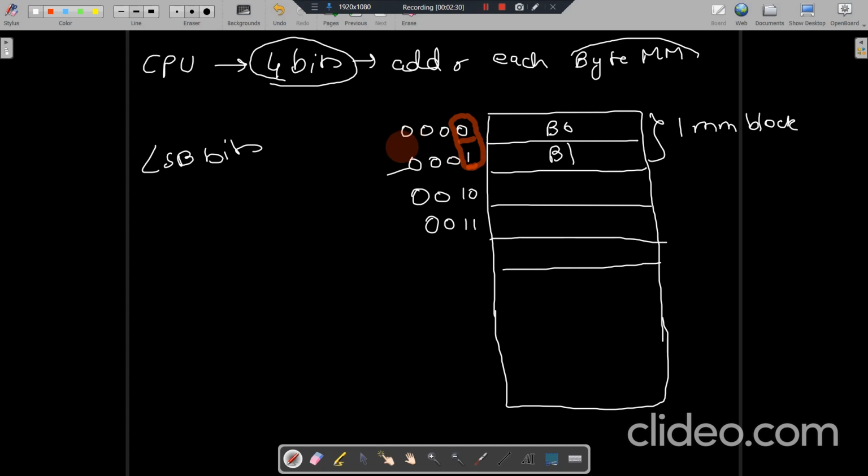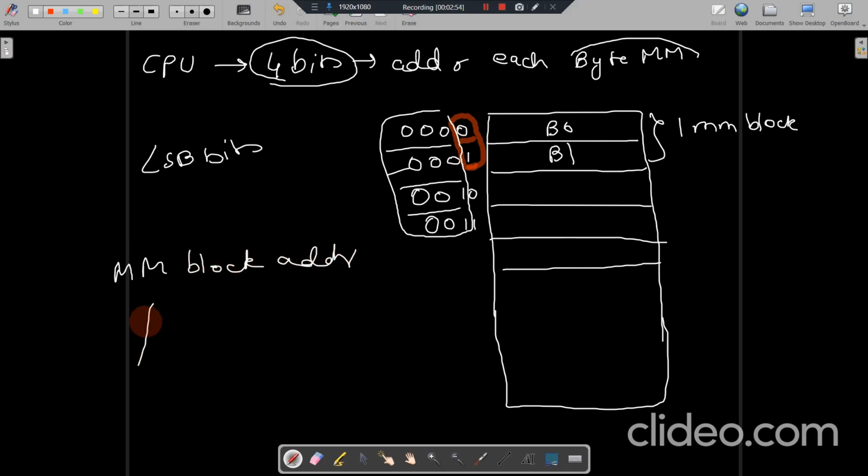The remaining bits will be the bits used for the main memory block. So here 3 bits are used for understanding the main memory block number. Okay, yes. Further, this main memory block number we also saw in the last video.